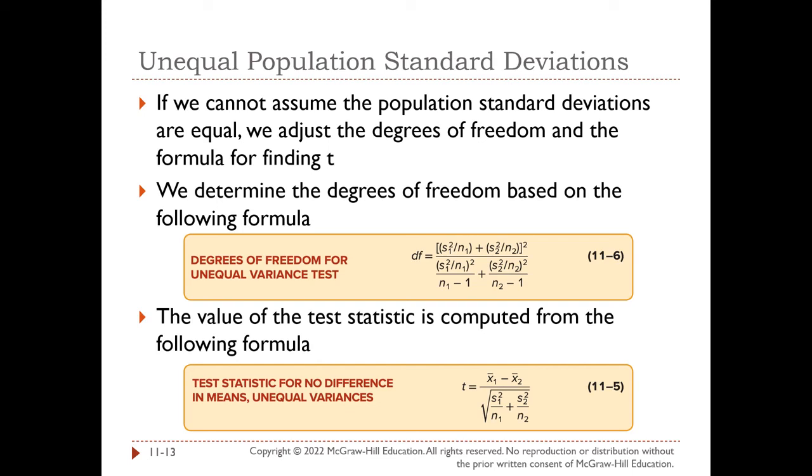Okay? And then the value of the test statistic is computed from taking the difference of the two means and dividing by the square root of the standard deviation of the first sample squared divided by its sample size plus, of course, the same thing for sample 2.